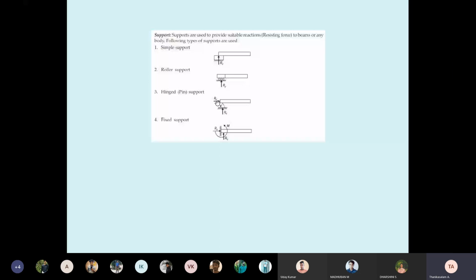Rx means reaction in x direction, Ry means reaction in y direction. Initially you draw the reactions on the positive side. Sometimes after finding the result, Rx may go to the left side. First you draw the free body diagram for the hinged support, assuming Rx in the horizontal direction and Ry in the vertical direction.